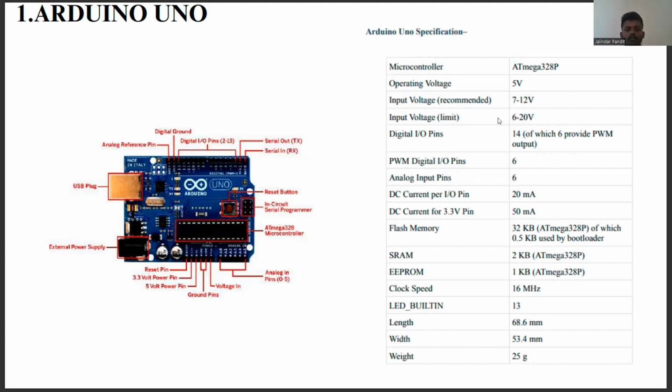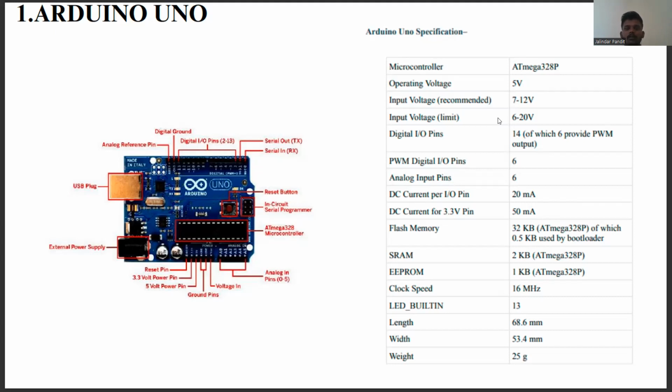It is required to use a power supply in this range for optimal performance. Input voltage 16 to 20 is the limit of the input voltage that the board can handle, and it is not recommended to exceed the limit, as it may damage the board.